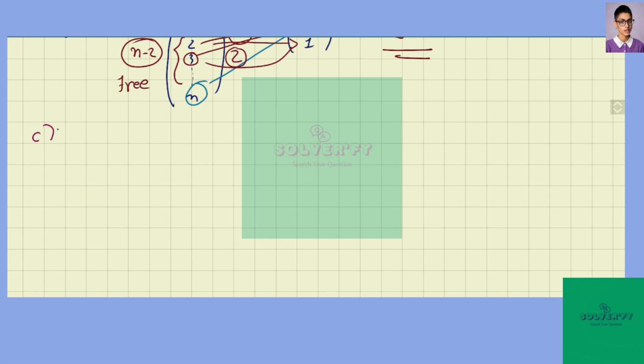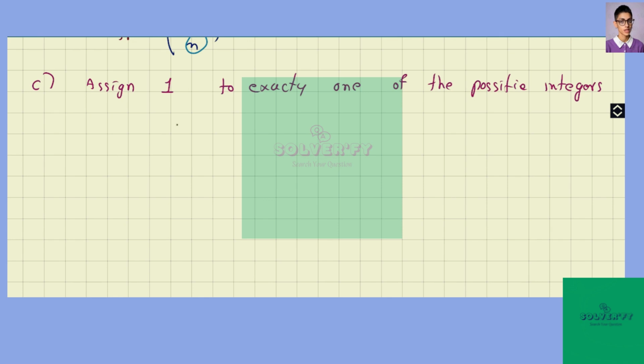And the last case is, how many functions are there if we assign the number 1 to exactly one of the positive integers in the domain, and it should be to exactly one of the positive integers that are less than n.